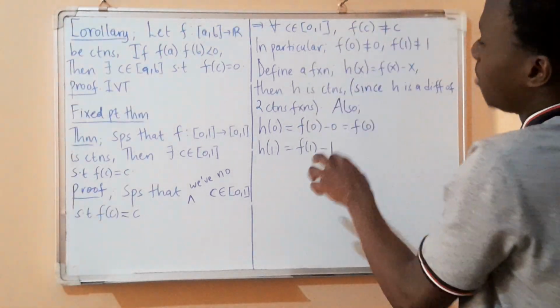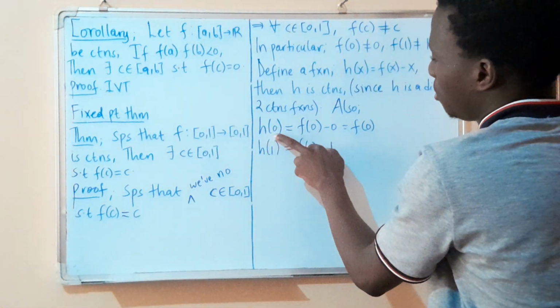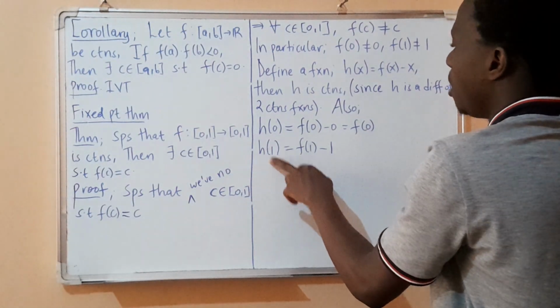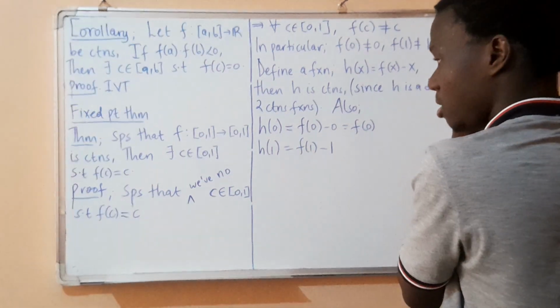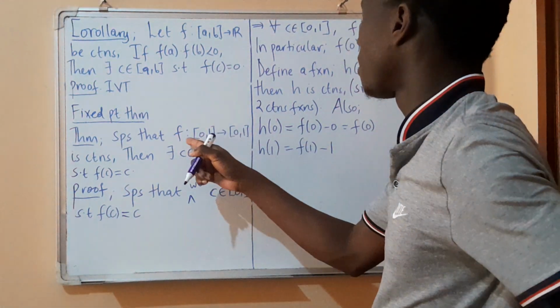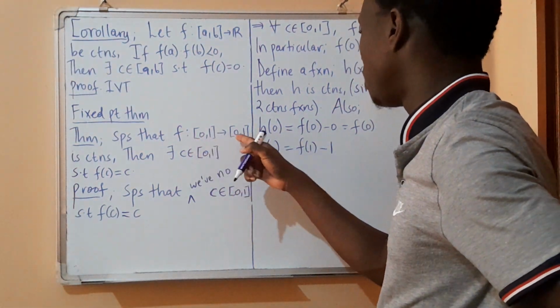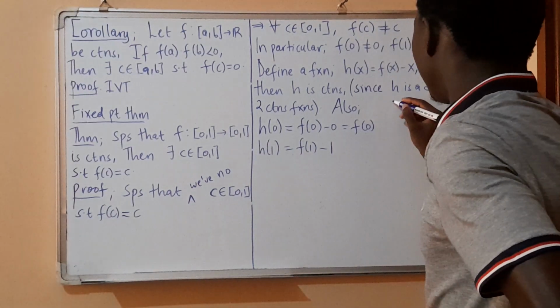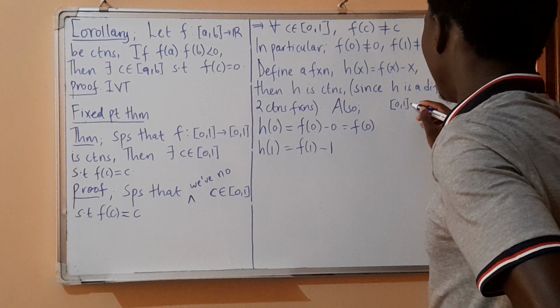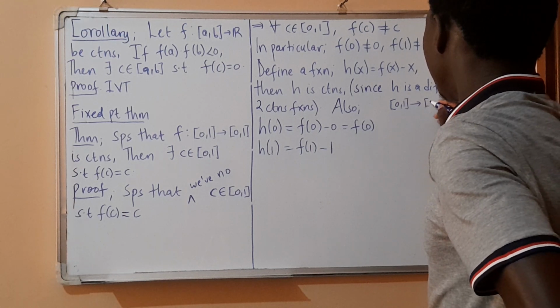Now, what do we observe about h of 0 and h of 1? H of 0 is f of 0. Remember, this function is taking this interval to this interval. F maps [0, 1] to [0, 1].